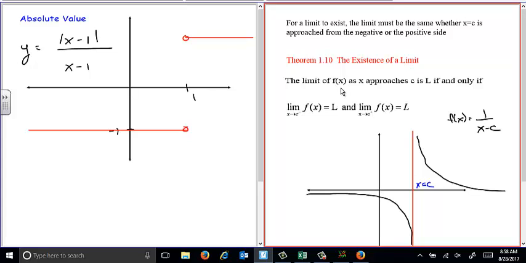The limit of f of x as x approaches c is L, some value, if and only if the left-hand limit equals L and the right-hand limit equals L. So that's how you define what the limit is based on the one-sided limits. It's just another way of defining limit.